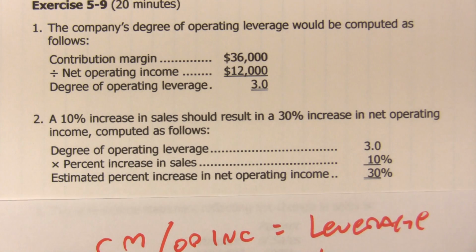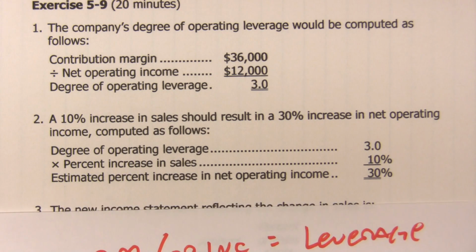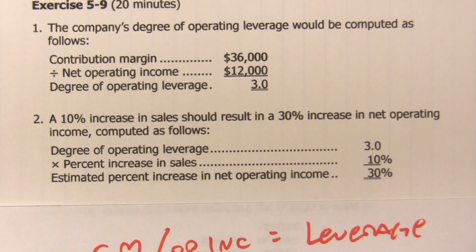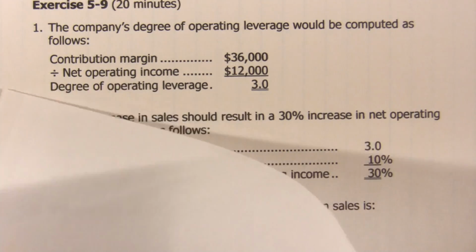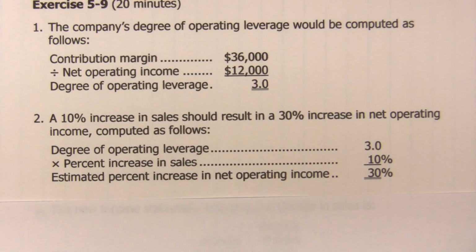Then the last thing it says is, what would that be in dollars? Can you prove that? And again, of course, the book finds the most difficult, obstreperous, complicated way to do it. I think I can do it a whole lot easier than that. If we increase our sales by 10%, our sales are 120,000.